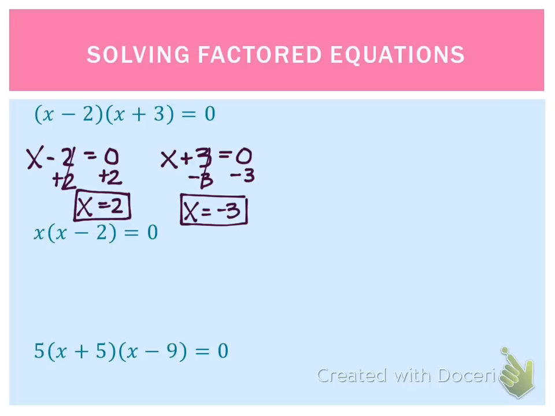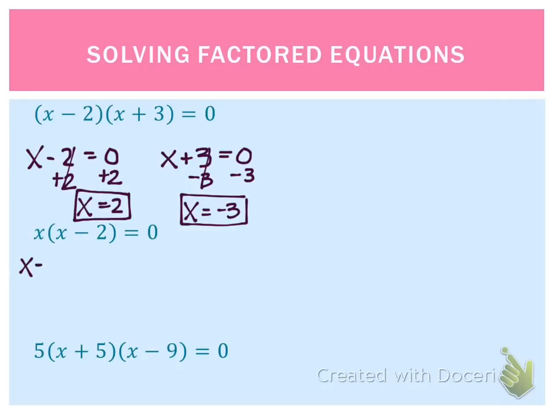Okay, let's do the next one. Now the next one I notice I don't have two binomials. I have x times x minus 2. Again, I still have two different sets of terms. This is its own set and this is its own set. So what I want to do is, again, set each of them equal to 0.